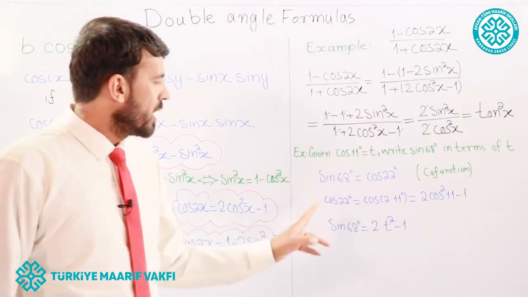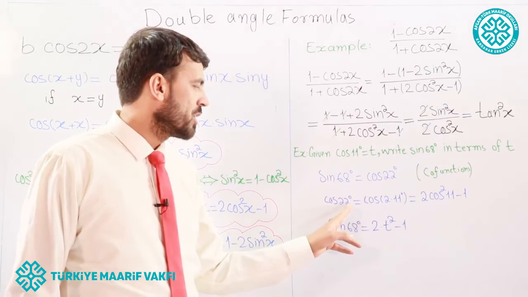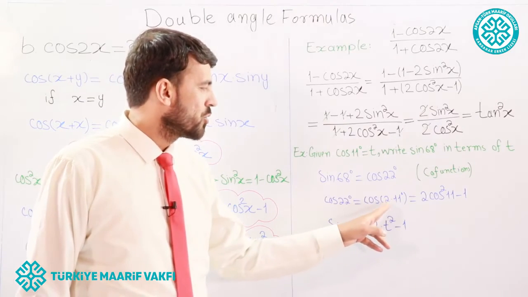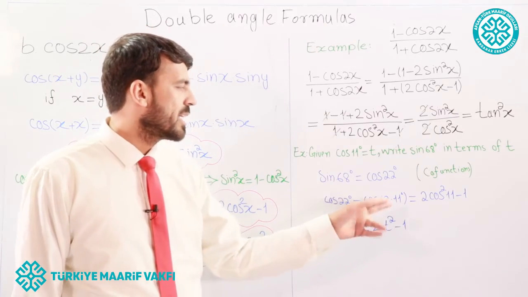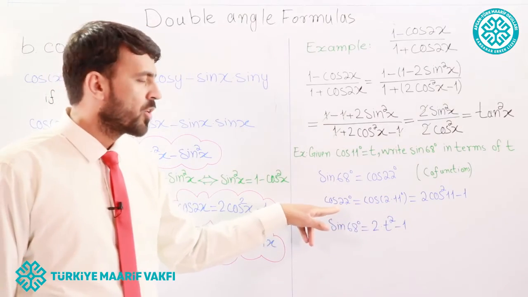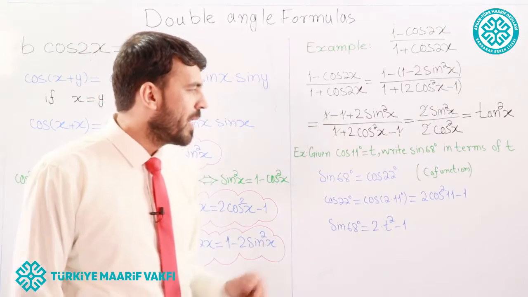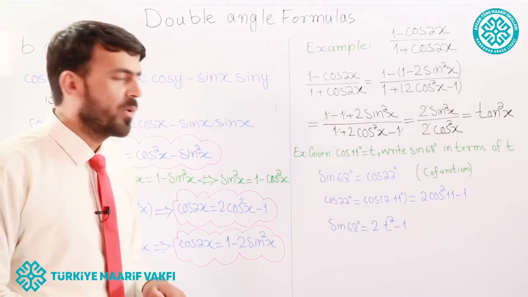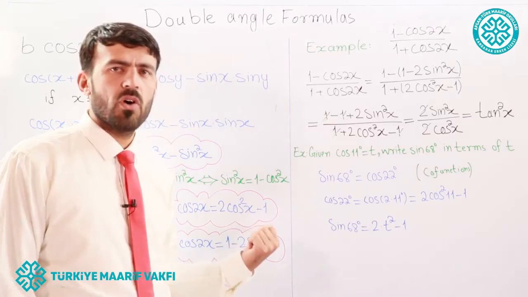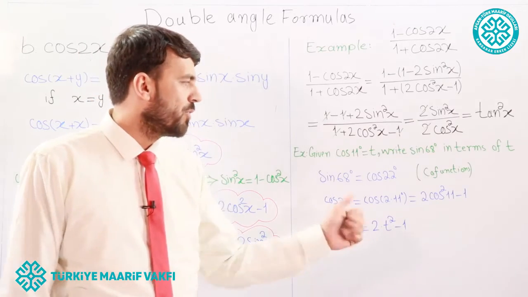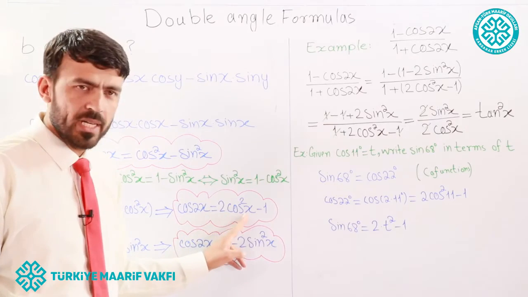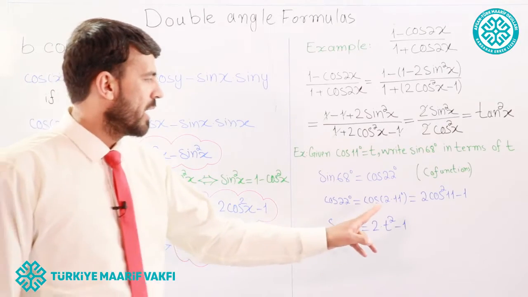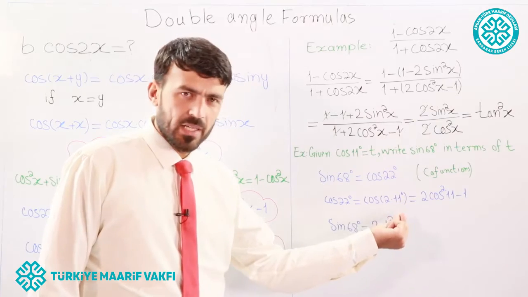So we can write cosine 22 degree as cosine 2 multiplied by 11, or we can apply the double angle formula on cosine 22. We will apply the second form of the double angle formula for cosine function, which is 2 cosine square x minus 1. Here x is 11 degree.